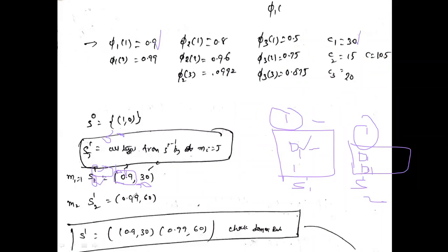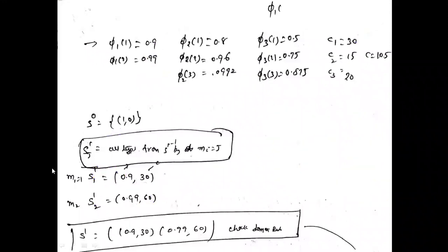Suppose the number of devices used in the first stage is 2: the reliability is 0.99 and the cost is 60, that is 30 plus 30. So totally S1 power 1 equals 0.9 comma 30, and S2 power 1 equals 0.99 comma 60.